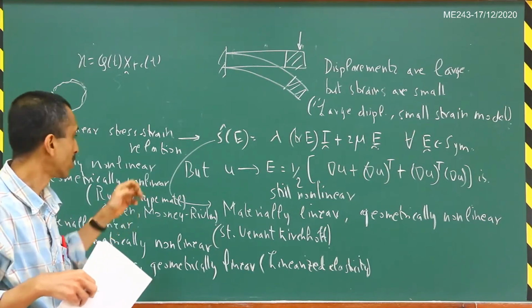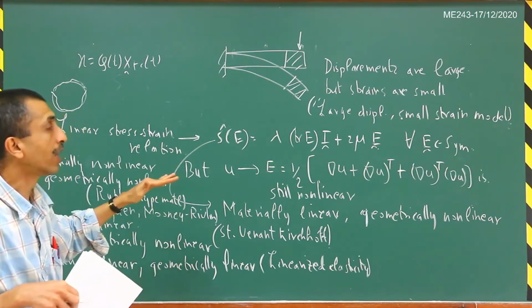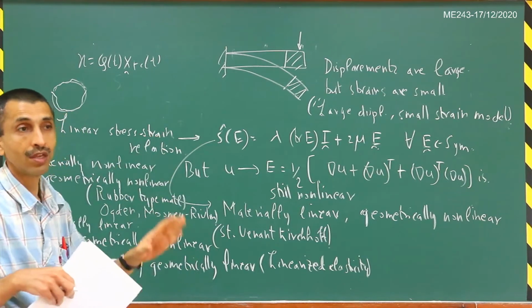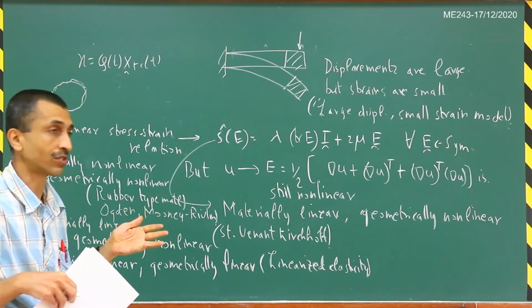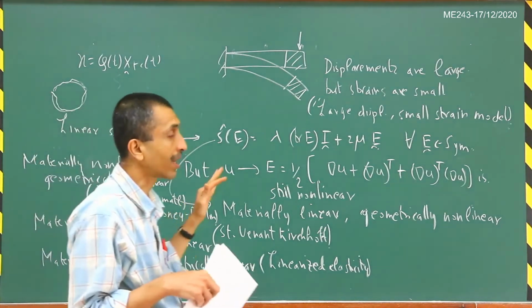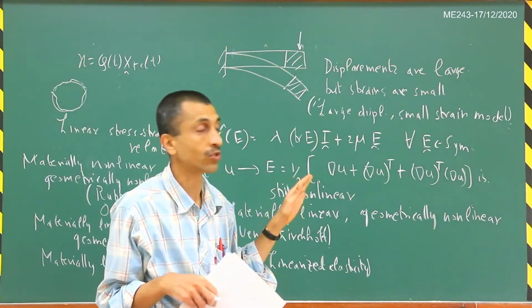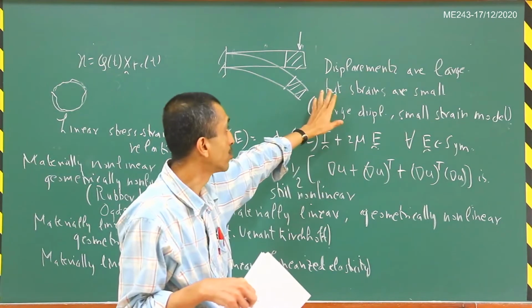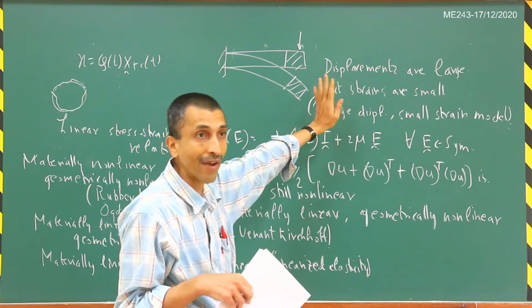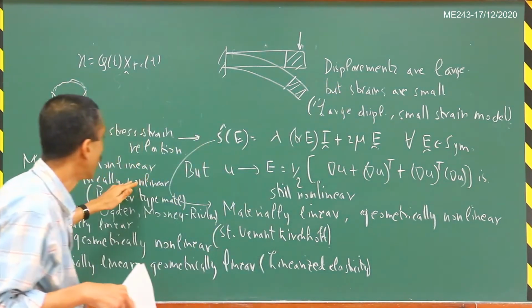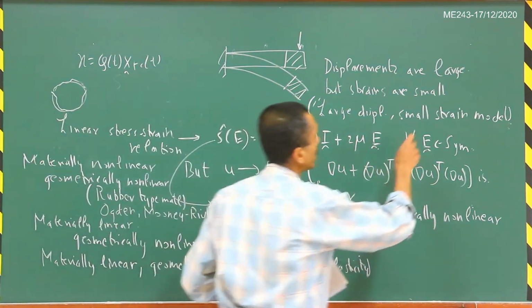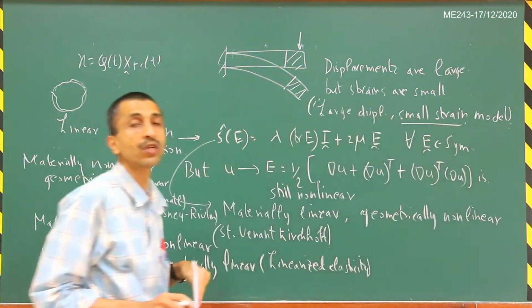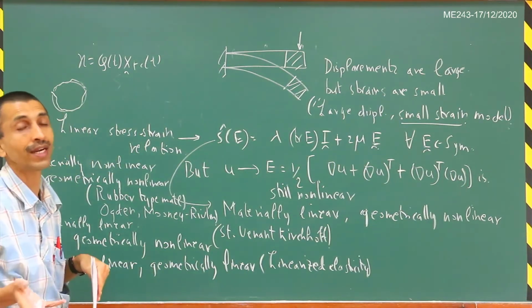So this is the hierarchy of models. You have to use the appropriate model for whatever case you are studying, so you have to be very careful about the choice of material models. For example, as I already discussed, you cannot use the Saint Venant-Kirchhoff material model when you have very large strains. This is very important: you can use it only when the strains are small and the displacements are large.